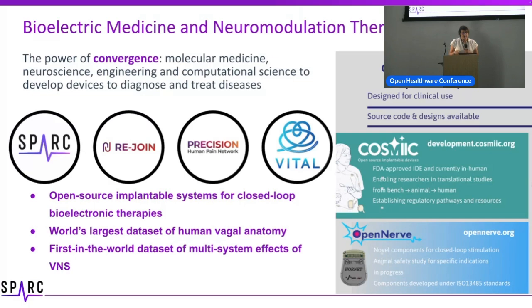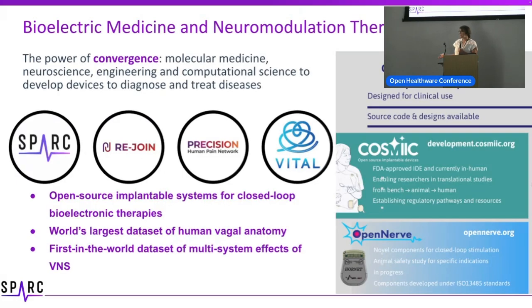And you can imagine that if you have a device that stimulates the nerve, you also want to know not just the good things that happen. So yes, you are limiting the gut motility so that your Crohn's disease is better controlled, but you also are impacting other aspects of your body. And so understanding how all those things play together is what this whole impact is about.